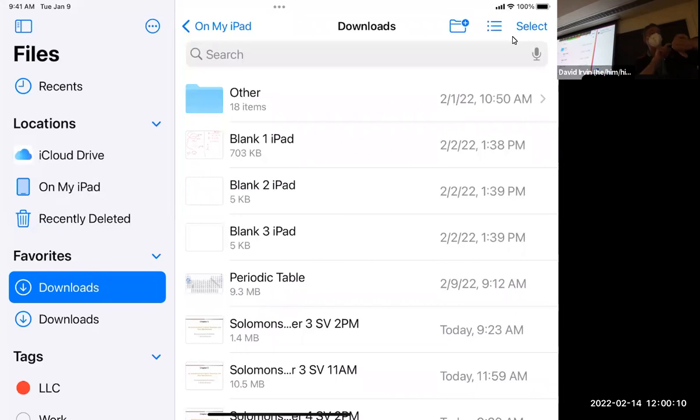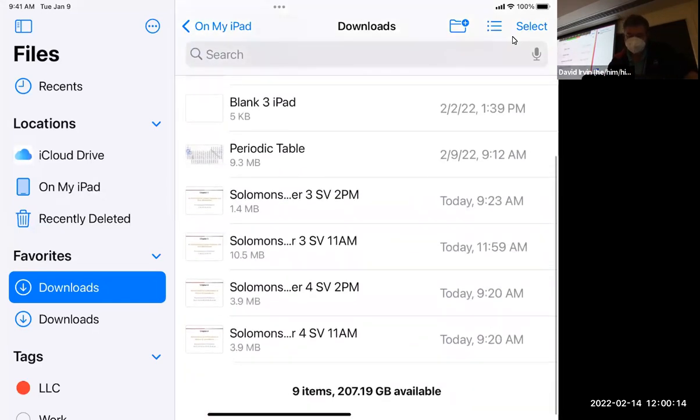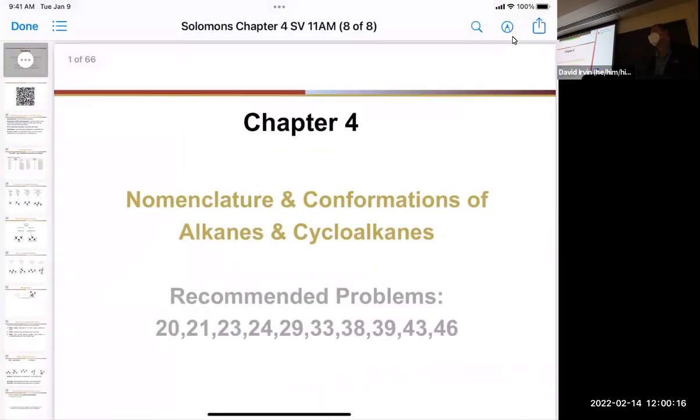Okay, so I have 15 to 20 minutes. So let's start chapter 4. This is the last chapter before our exam. I'm going to get through all of chapter 4 by Wednesday, and then we'll have some time for review for the exam on Monday the 21st.